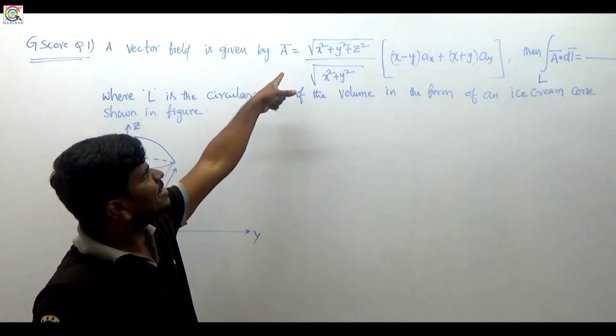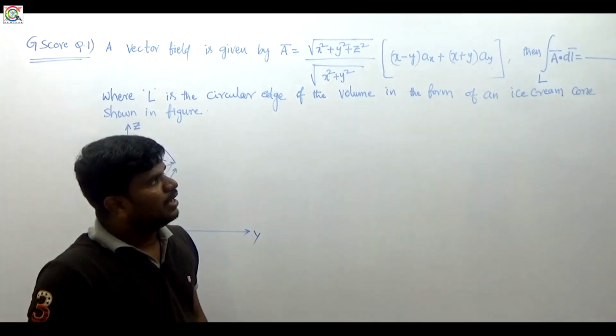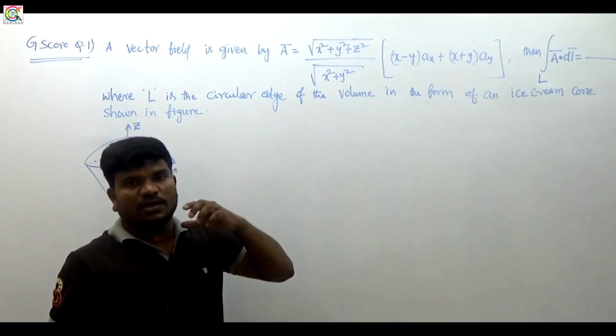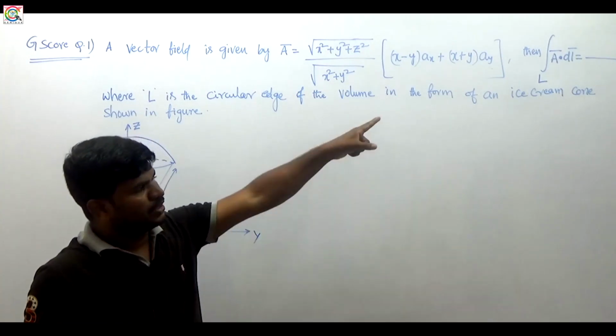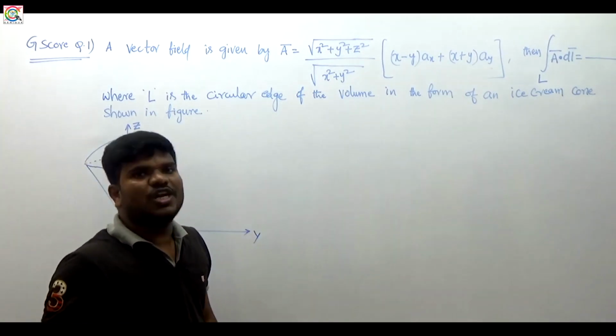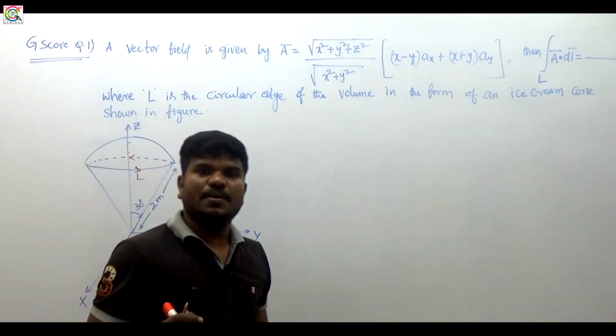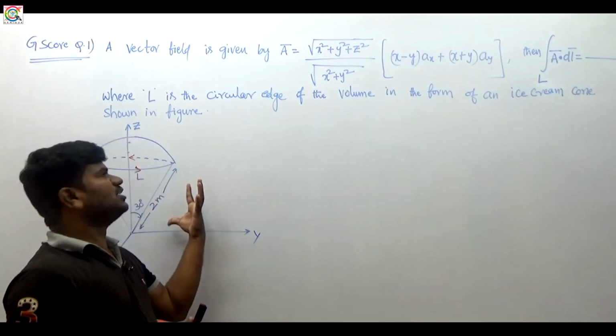Now if you replace that vector there, the line integral, that is, integral of A bar dot dl, would be a very difficult task to solve by using this figure.